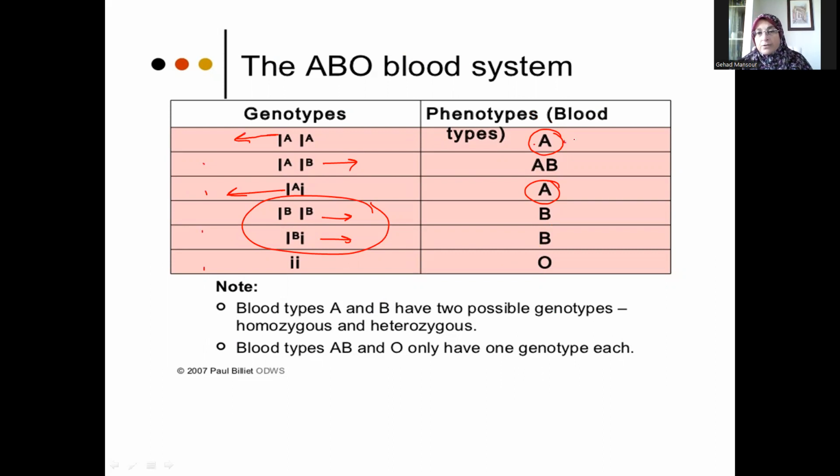You have A that is repeated, and you have B that is repeated. That's why we have only 4 phenotypes, or 4 blood groups, A, B, AB, and O.